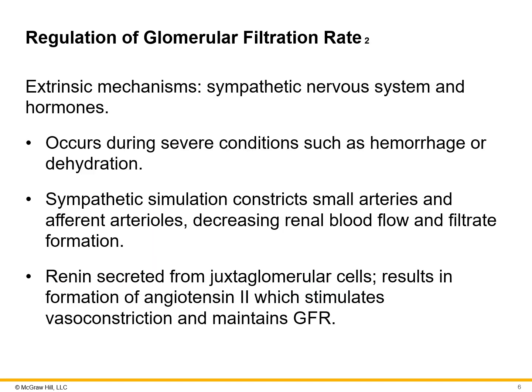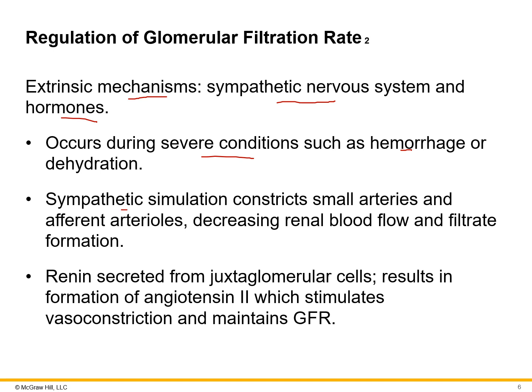Now, we have autoregulation, which is intrinsic, and we also have the extrinsic mechanism. This is controlled by the sympathetic, again the fight or flight response, as well as hormones. During severe conditions like hemorrhage or dehydration, this is when these would become a factor.